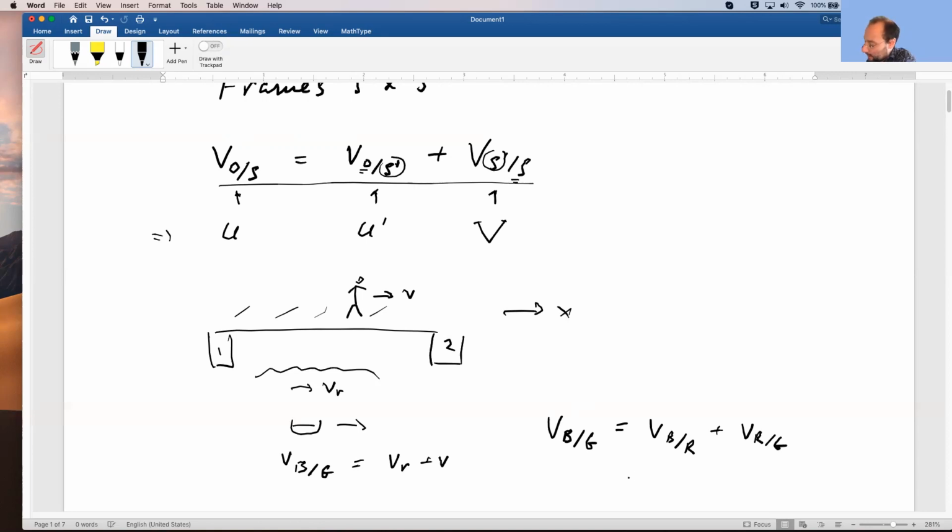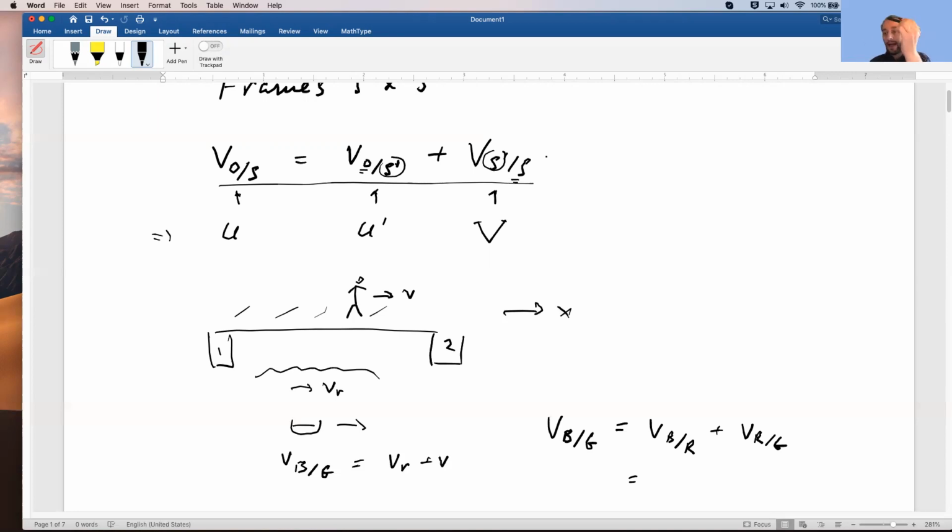Let's fill in. We know the speed of the boater relative to the river is v, and the velocity of the boater relative to the river is plus v. The difference between speed and velocity in one dimension is just a matter of a sign.